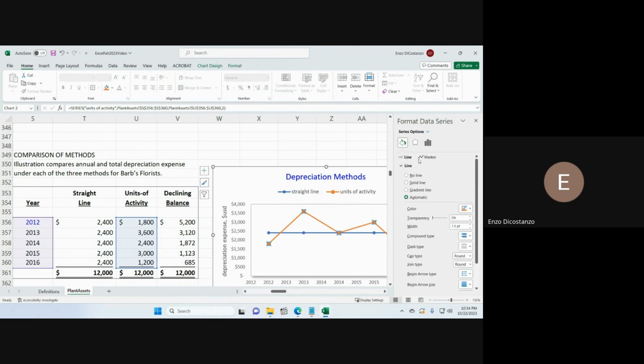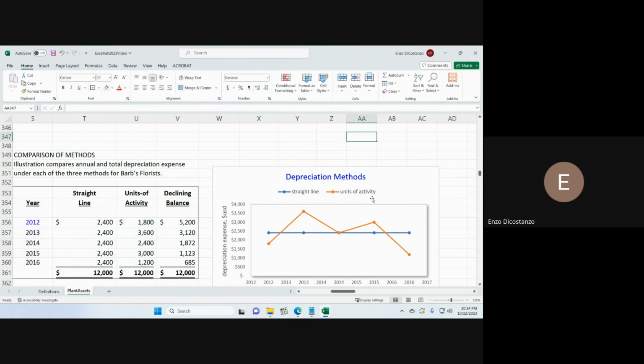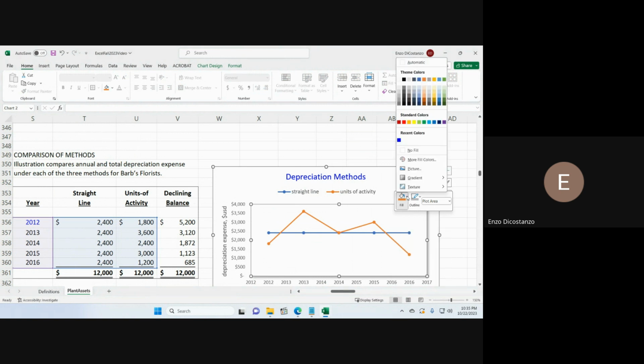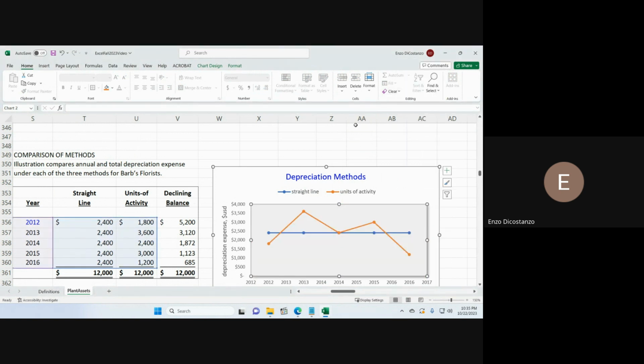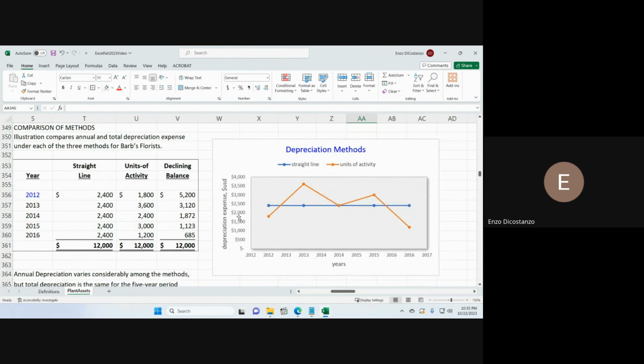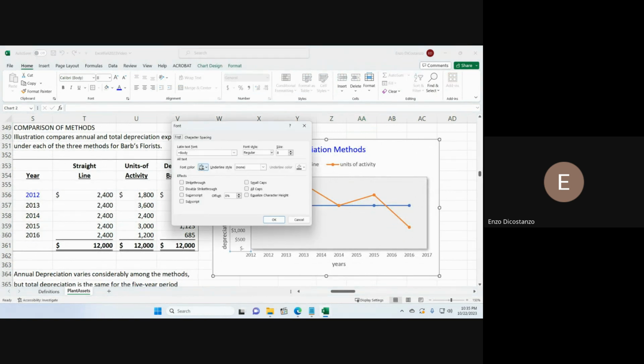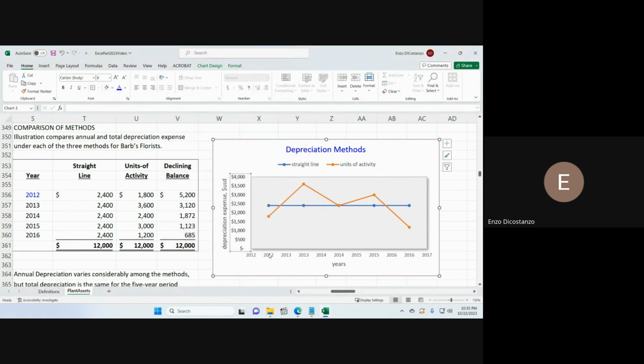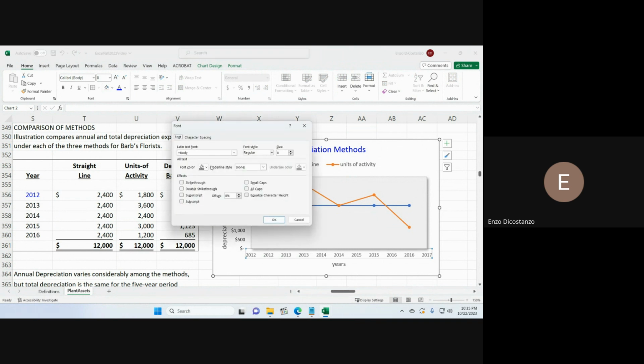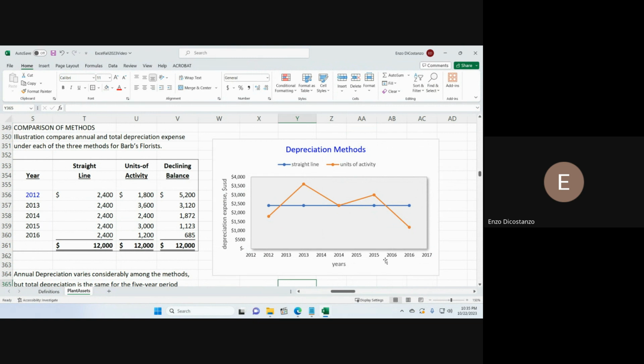You want the line, or no, I'm sorry, you want the marker option built in. Okay. And you want to fill this with a very light gray, a very light gray. See that? See how good that looks? And these you could do font, the color. See, it's a charcoal. You might want a black. Something like that. Okay.